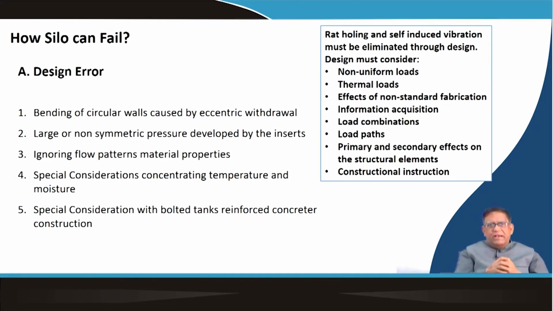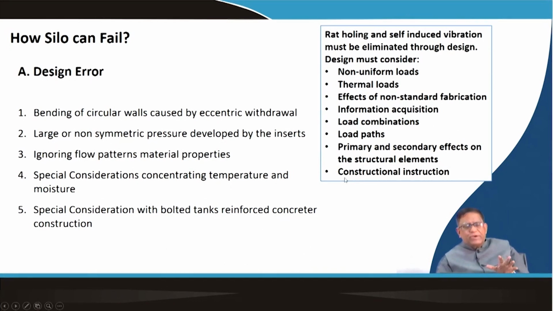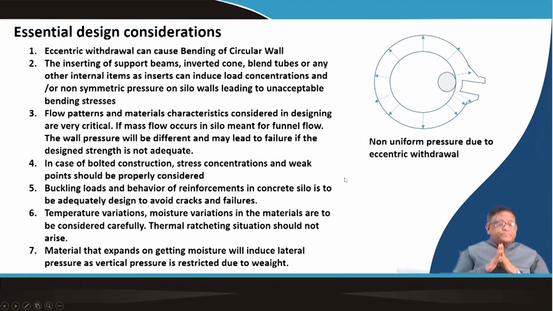Similarly, if the constructional instructions are not complete, as I told, in steel structures, while tightening, if you have not tightened diagonally first, and you tighten from side to side, you may find that the other one is not getting properly tightened. So the nut and bolt tightening sequences should also be properly instructed in the manual. Then only you can go in a bigger way.